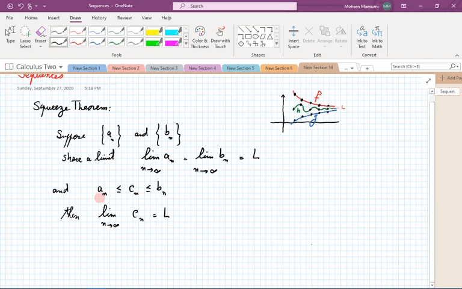Now we don't really need this inequality to be true for all the n's. Rather, we need it to be true for the n's that start from some place onward. Whenever we are talking about the limits of sequences, what they do in the first few cases doesn't really matter. What happens at the tail of the sequence is what's going to determine what the limits are going to be.